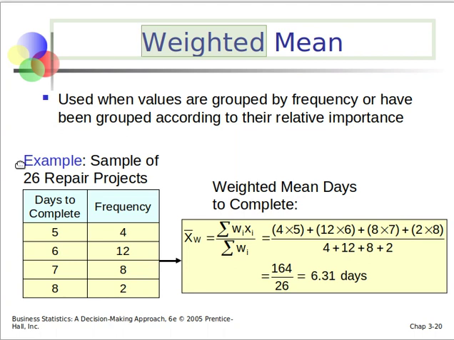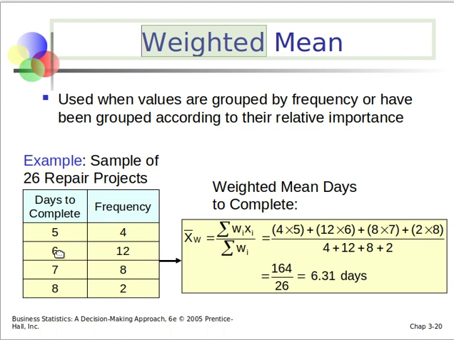Example, a sample of 26 repair projects. Here, days to complete and frequency. 26 sample projects. For 5 days, there were 4 projects that were completed in 5 days.